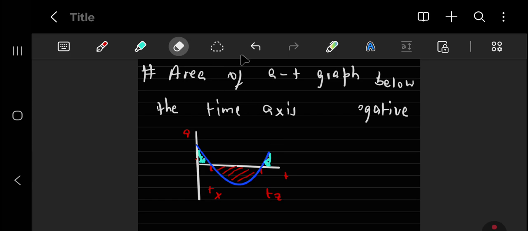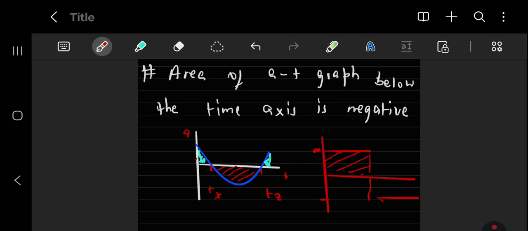Let me make a certain example here. This is your velocity time graph. Let's say it starts there, and then suddenly I change direction, and now I'm here. So I have a certain velocity here and a certain velocity there. This is going to be my initial displacement, because it's the area under the curve.